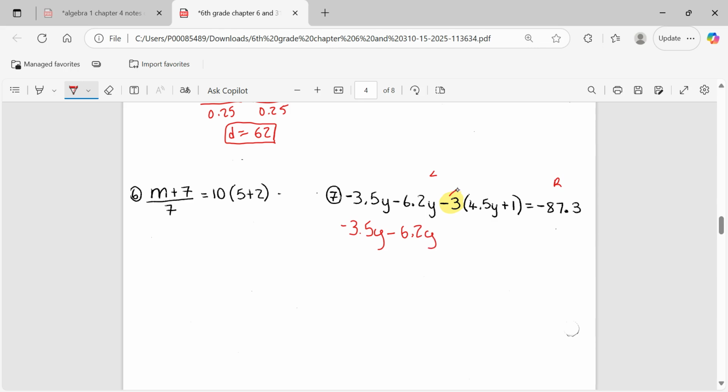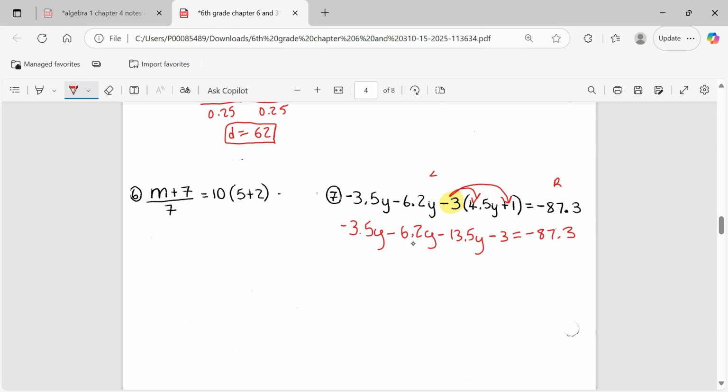So now -3 times 4.5y is going to give us -13.5y. And then -3 times 1 is going to give us -3. And it's equal to -87.3.